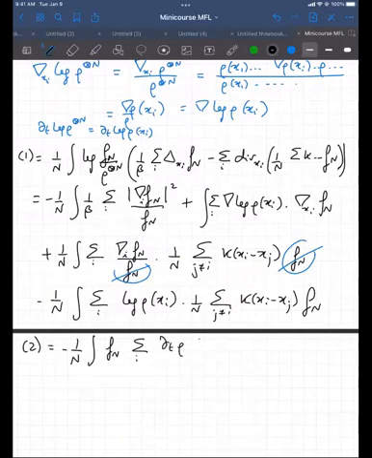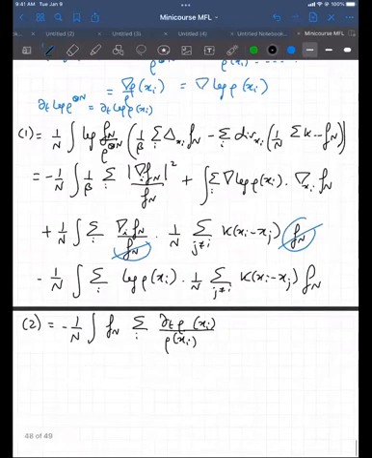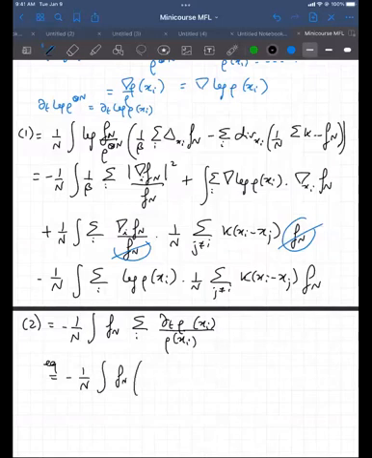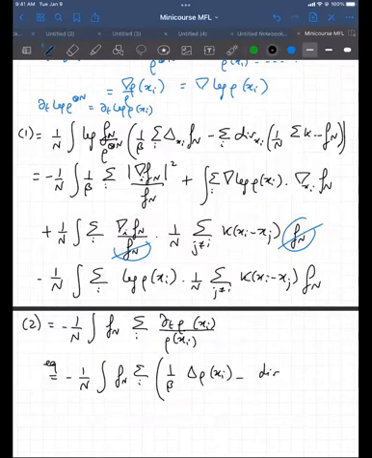So that's the same as dt rho of xi divided by rho of xi. And I use the equation. So minus 1 over n fn, and here we have a sum over i of 1 over beta Laplacian rho of xi minus divergence of (k convolved with rho times rho), all of this at xi, and we need to divide by rho of xi.